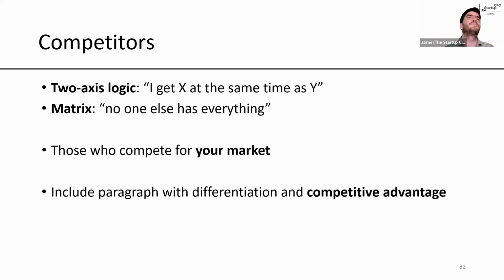For the competitor analysis, I'm sure you have probably seen 2 types. If you have already seen decks, you have probably seen many of them with 2 axes, which we will see soon, or a matrix. What does the 2 axis logic mean?